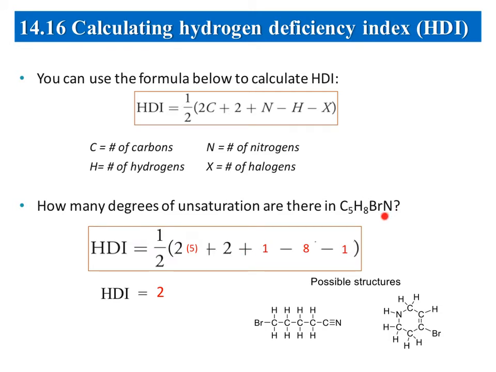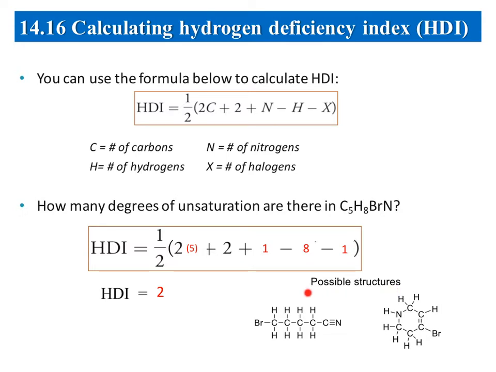We have 1 nitrogen here, minus the number of hydrogens, and minus 1, which is the number of halogens. Doing the calculation, you can get the HDI equals 2, and that 2 means we can either have a double bond and a ring, or a triple bond, or 2 double bonds, and based on that we can come up with some structures for the molecule.